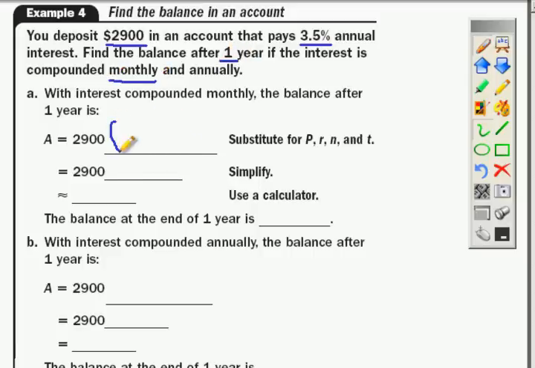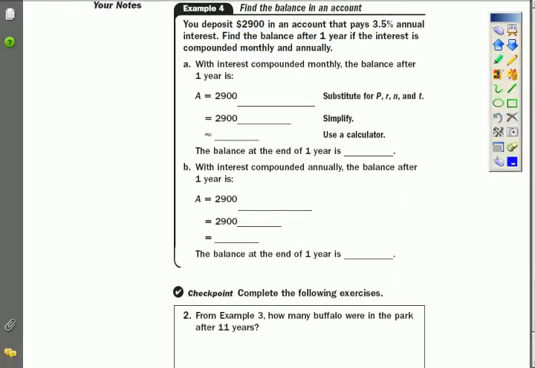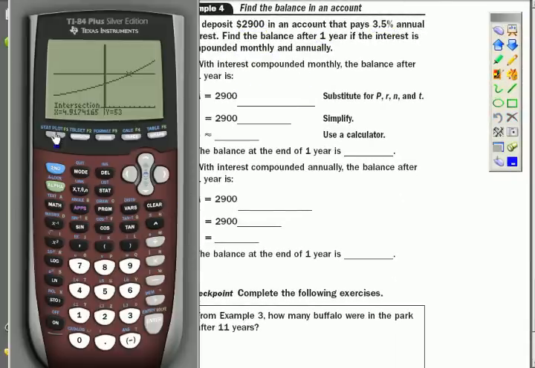So we have, as an equation, 1 plus, now 3.5 is a percentage, so I'm going to call it 0.035 divided by the number of times it's compounded a year, 12, to the 12 times the number of years, which is 1 power.